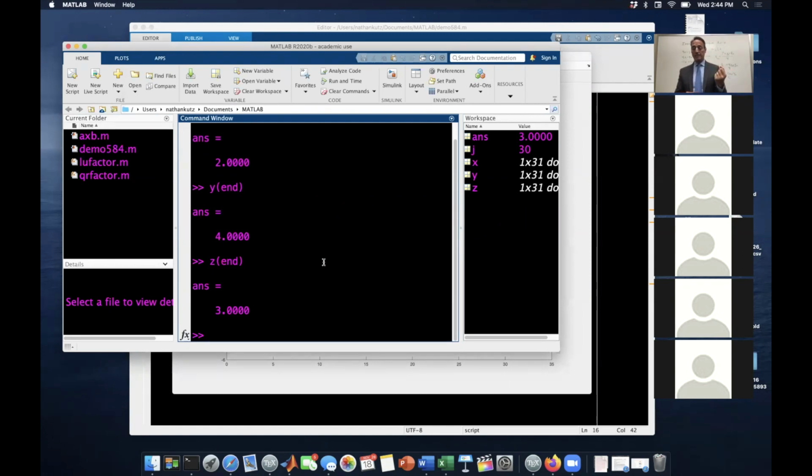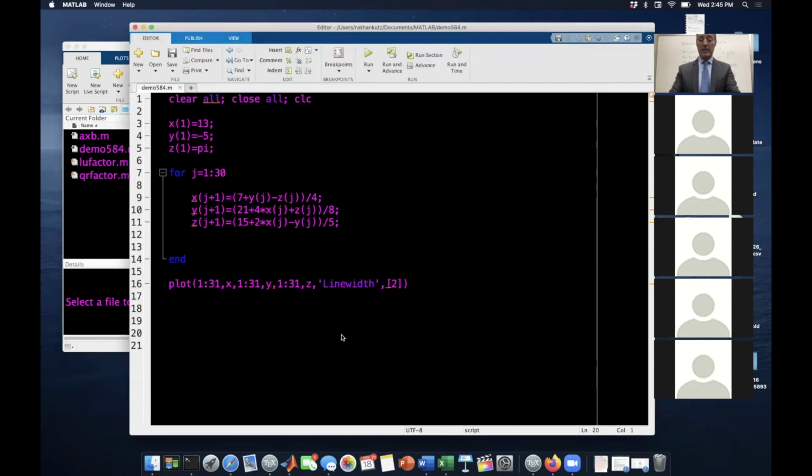By the way, I could also ask the following question. What if I were to solve this problem, Ax equal to b? And in fact, let's go ahead and do it. The matrix A in the system I had written down on the board earlier was 4, -1, 1. That's the first row. Second row is 4, -8, 1.